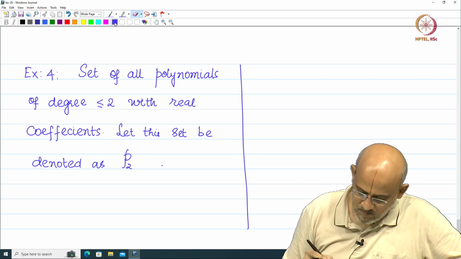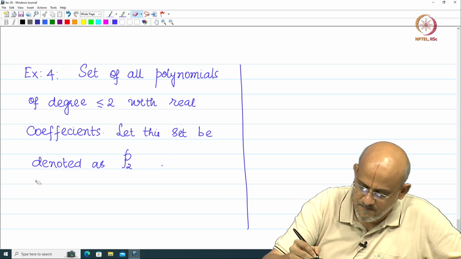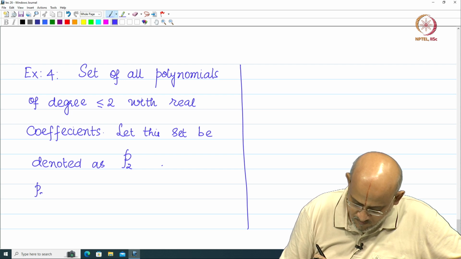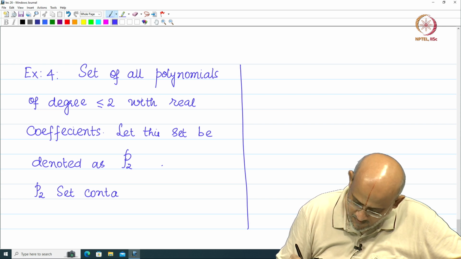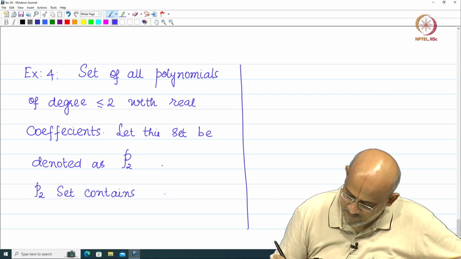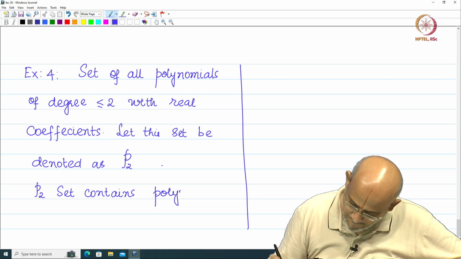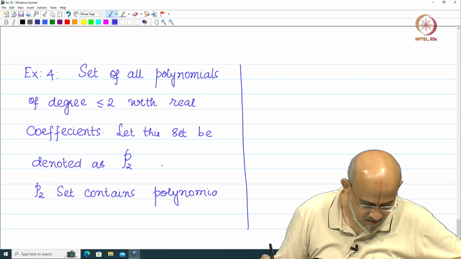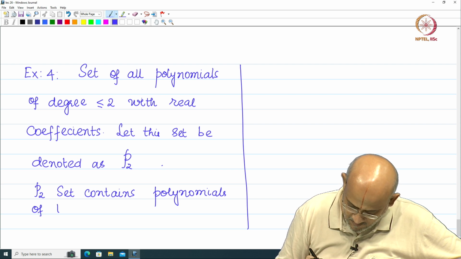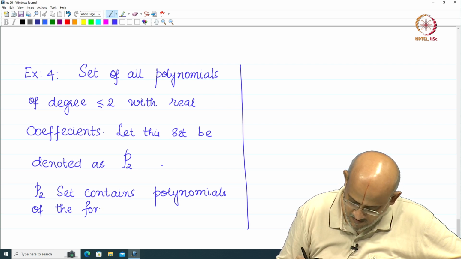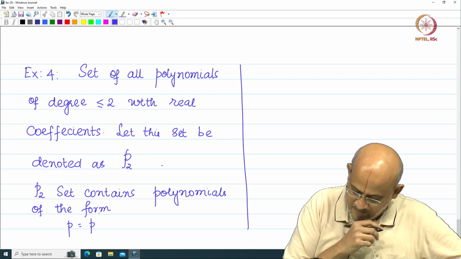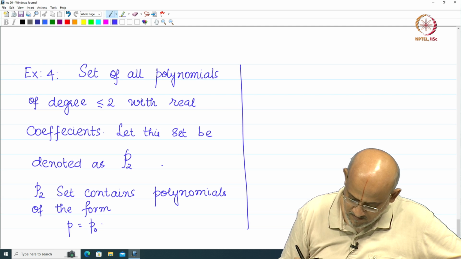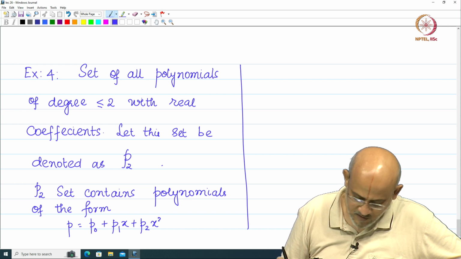Now, the polynomials in P2 will have this form. The set P2 contains polynomials of the form P equals P naught plus P1 x plus P2 x squared.